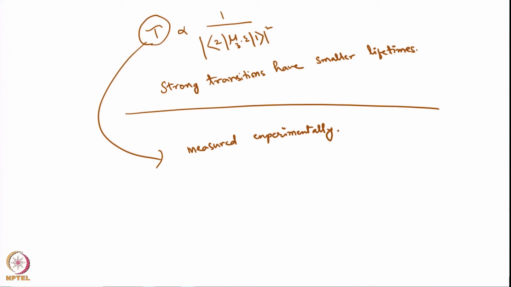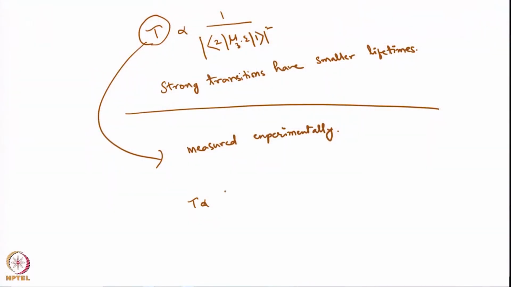Now this tau is of course multiplied by a lot of constants. But there is another factor that is also important, that A has this nu cube. So tau is also proportional to 1 over nu cube into |<2|mu_z|1>| square.